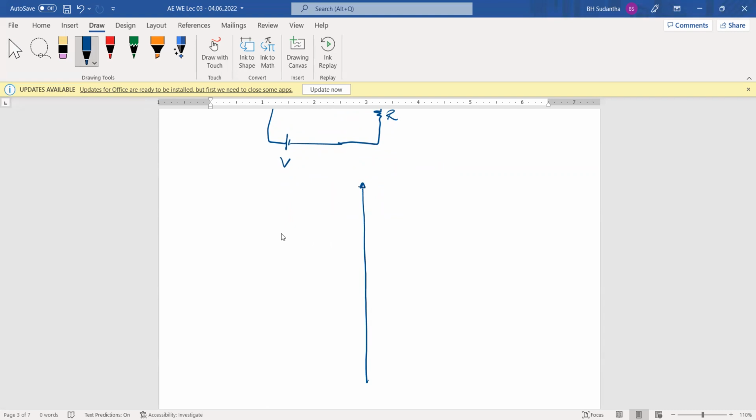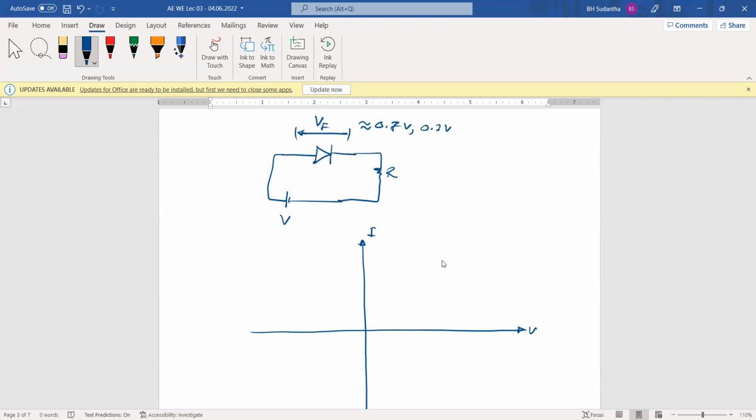This is the voltage axis, and along this voltage axis we can apply the negative side and positive side, and we can check the current going through this one. And this is the current going through it.